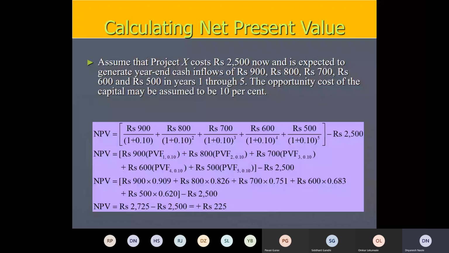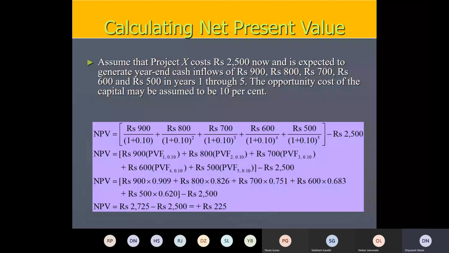Fine. So the formula, as we already noted down, you just calculate this and find out whether you get this value or not. 900 divided by 1 plus 0.1, plus 800 divided by 1 plus 0.1 raised to the power 2, plus third year's figure 700 divided by 1 plus 0.1 raised to the power cube, and 600 by 1 plus 0.1 raised to the power 4, plus 500 divided by 1 plus 0.1 raised to the power 5, minus the present value of the cash outflows, that is 2,500.